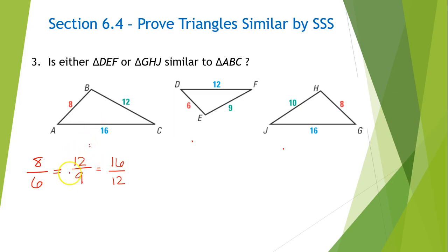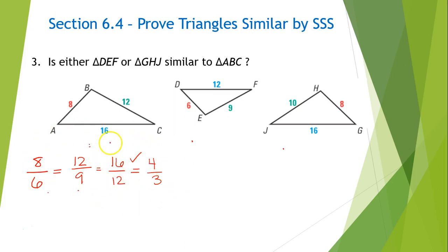Reduce this fraction here, again, 4/3. So far so good. These two statements are equal to each other. Now reduce this fraction, again you get 4/3. So all three of these are equal to 4/3. So this is true.